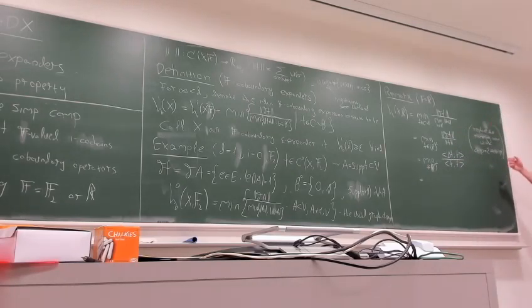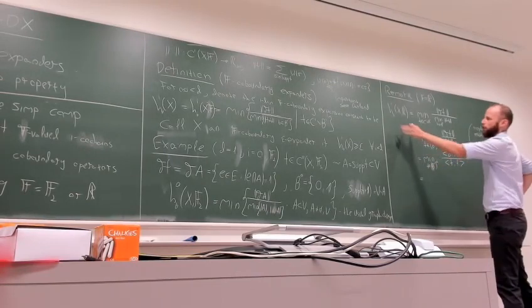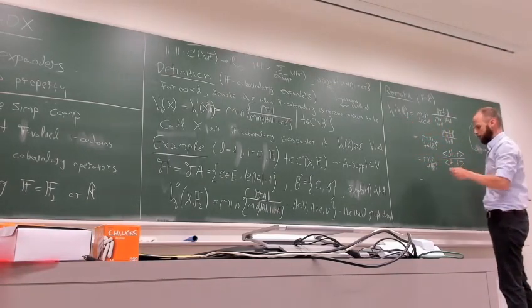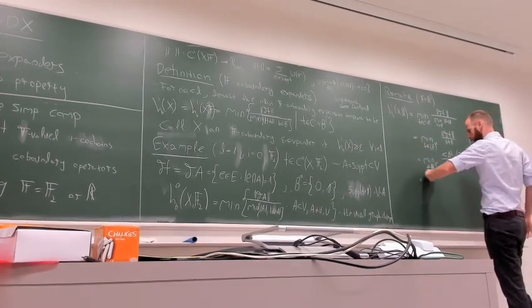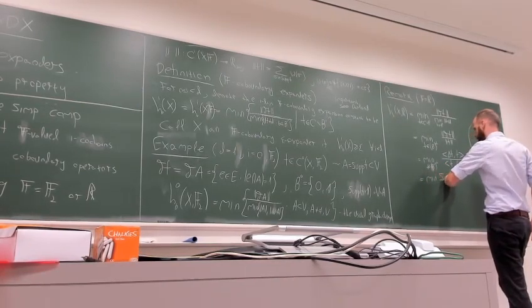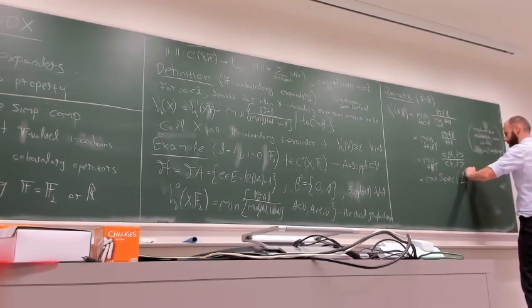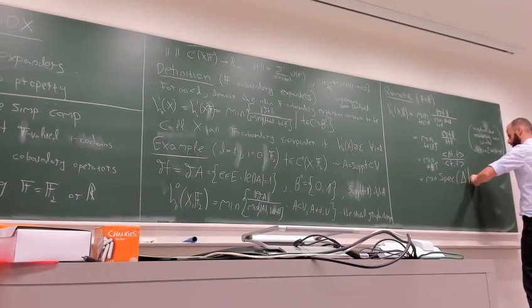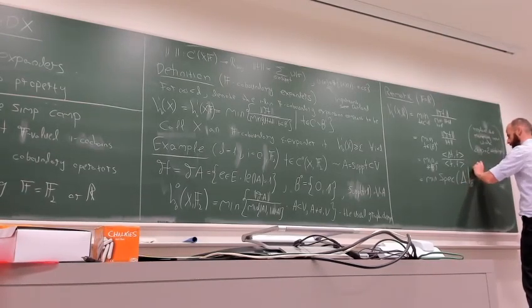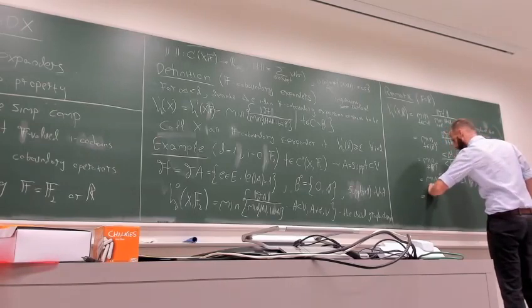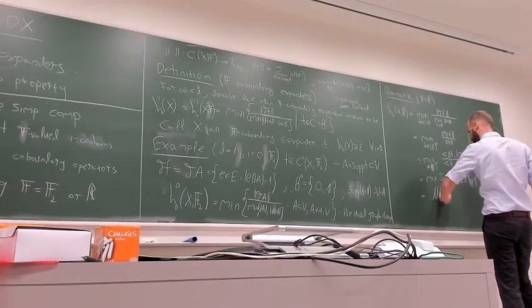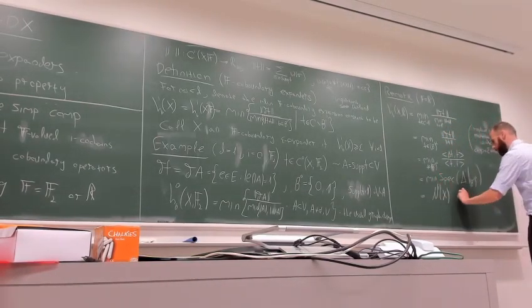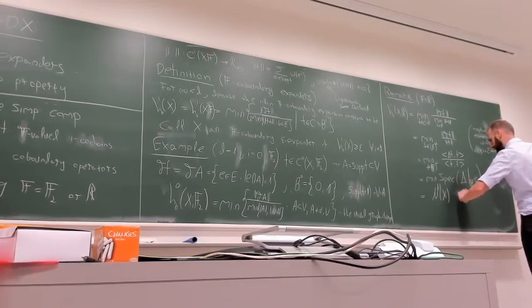In this remark, in the real case, using the natural norm associated to the inner product, I can tell you that the coboundary expansion is equal to what we call the i-dimensional spectral gap.